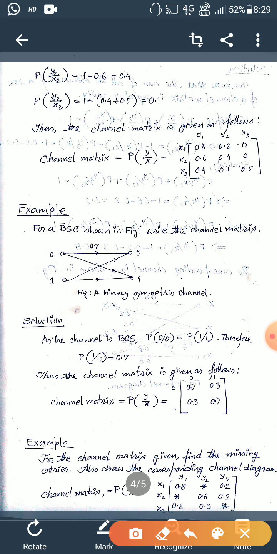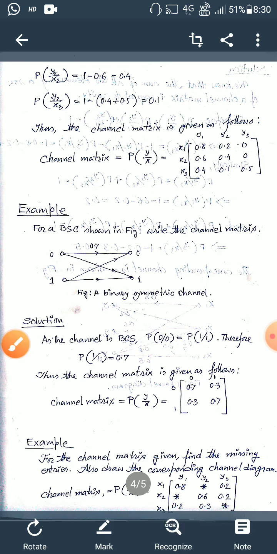Now for the summation of x2, the missing term will be 1 minus 0.6 minus 0.2, that means 0.2 will be the missing value, that is transition probability y1 by x2 should be 0.2. You follow the same rule to get P of y3 x3, that means 1 minus 0.2 minus 0.3, that means 0.5 will be the value for P of y3 x3.